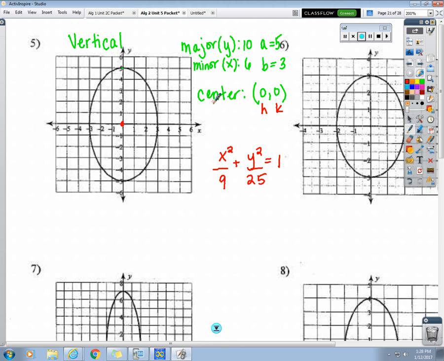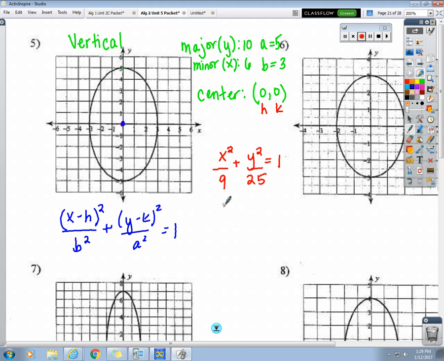Hold on one second. Now, really, the equation looks like this. X minus h squared over, for this one, b squared, plus y minus k squared over a squared equals 1. But why do we only have x squared and y squared and no h and k? Because the h and k are 0.